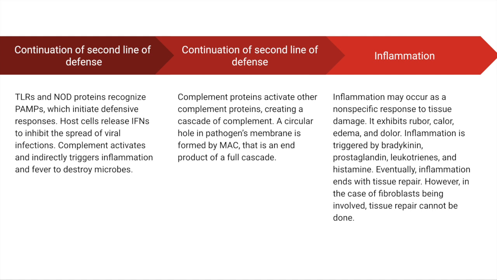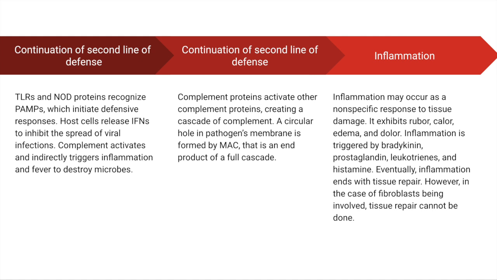And then prostaglandins and leukotrienes, which are released by macrophages. Prostaglandins are used to identify invaders that are invading the body. And then histamine, which is released by basophils, also causes vasodilation of the capillaries.